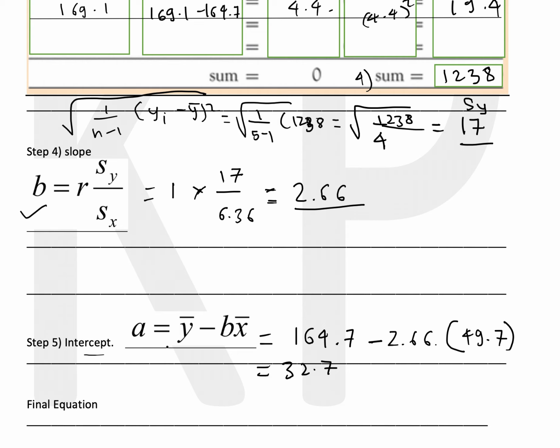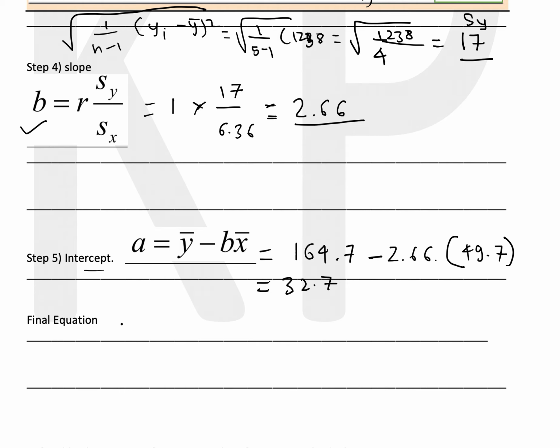Now you know all the values, so just substitute that in final equation. Y hat, or you can say y, is intercept plus slope times x. So your equation becomes y hat equals, your intercept is 32.7 plus slope 2.66 times x.